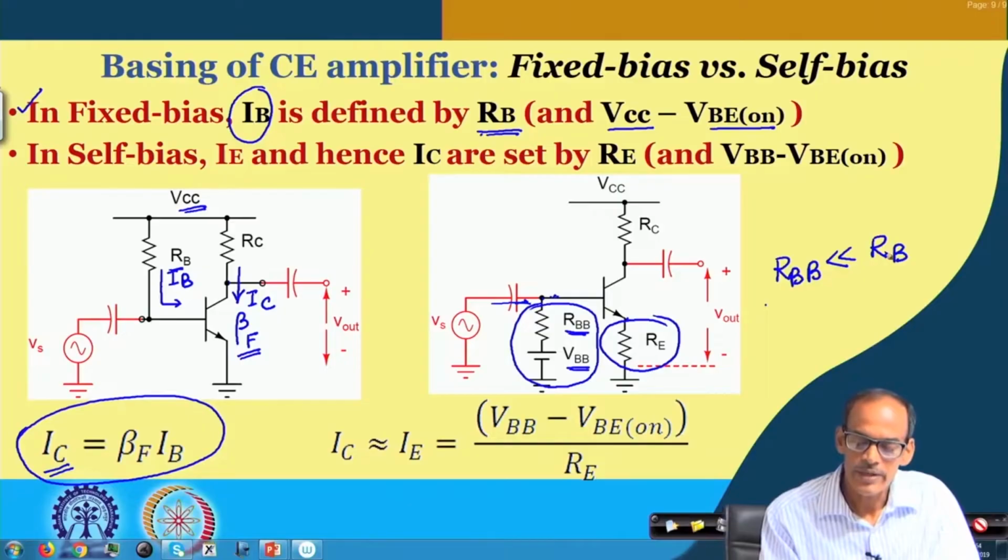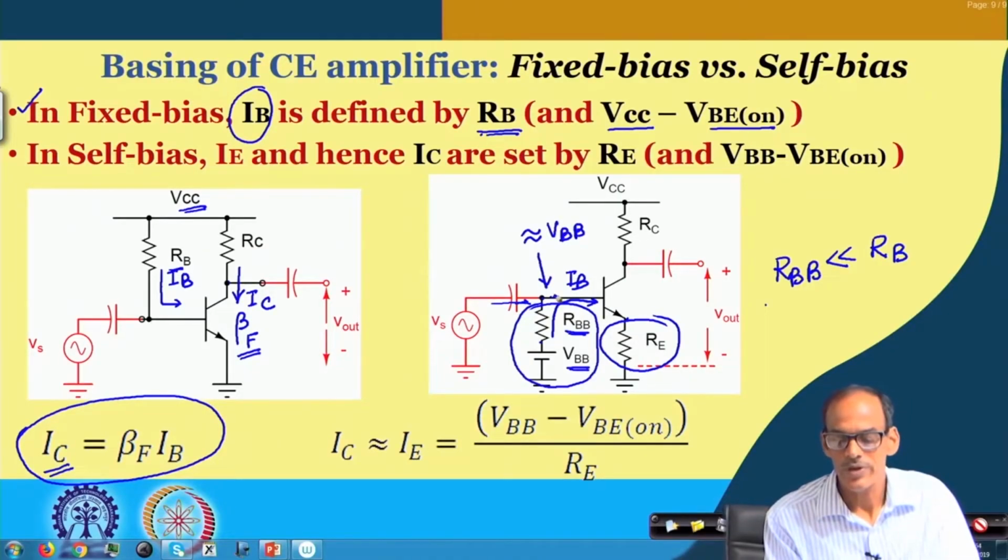So, even if the base current IB is flowing through this circuit, the drop across this RBB is very small. As a result, we may say that this voltage is approximately VBB.